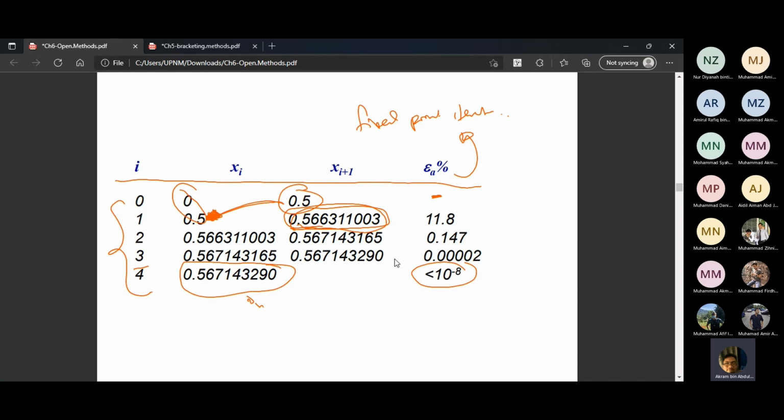So we get 11.8%, and if we continue with this iteration, when we reach i equal to 4, or the fourth iteration, we will get our approximate error is less than 10 power of minus 8, and our value of xi, we can use it as our root value.